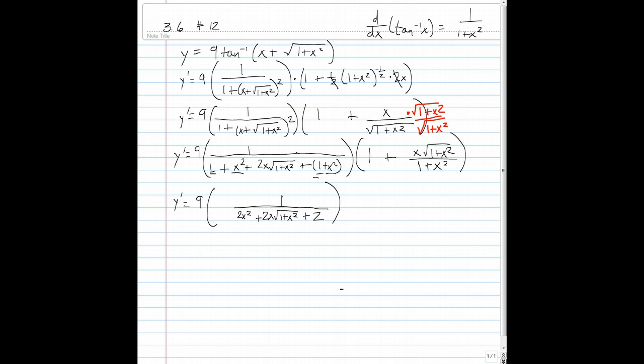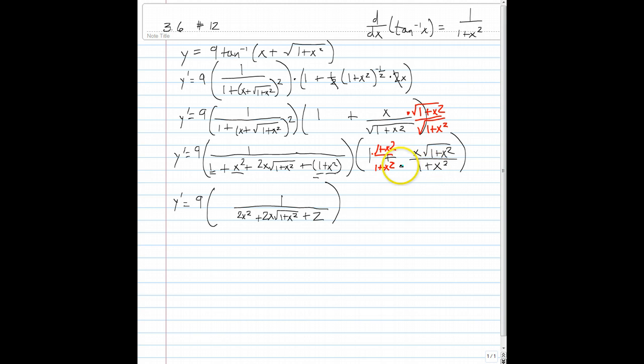Now if we want to multiply with this second expression, we need to get a common denominator to combine the 1 and this x root 1 plus x squared over 1 plus x squared, and that's pretty easy because we have a 1 here. We just need to multiply by 1 plus x squared over 1 plus x squared, and now we have a common denominator.